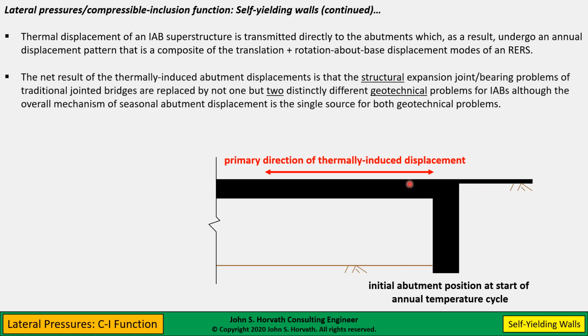Well, the net result is that although the structural expansion joint bearing problems have been eliminated, they've been replaced by not one but two distinctly different geotechnical problems. Although there are two different problems, the overall mechanism of the abutments going back and forth seasonally is the root cause or source of both problems.